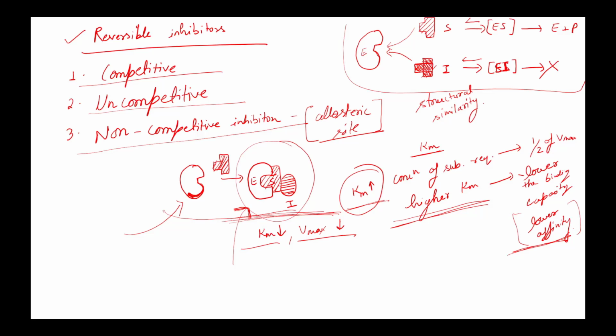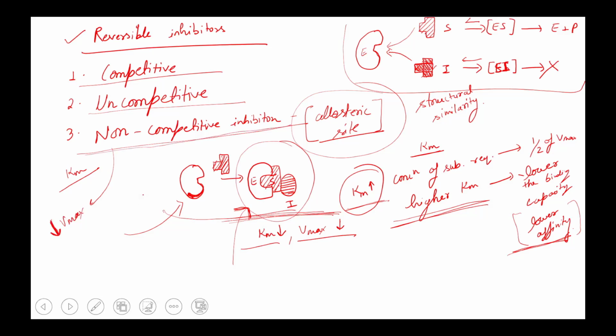Because it is binding to the allosteric site, the active site remains unhampered. That is why there is no change in the Km, but the Vmax of this reaction gets decreased.